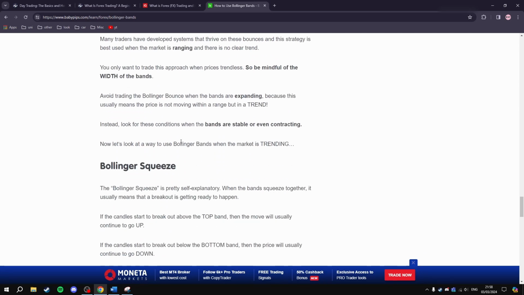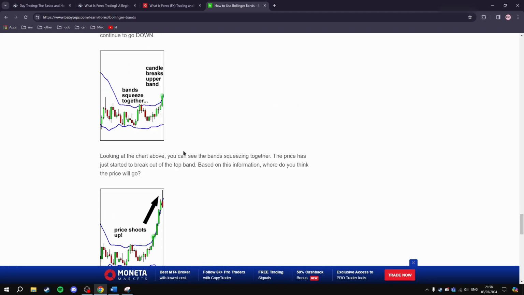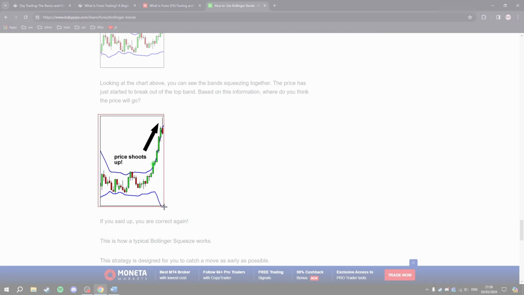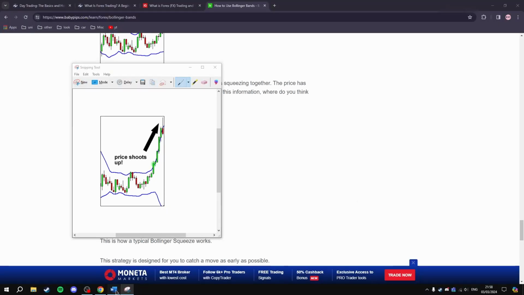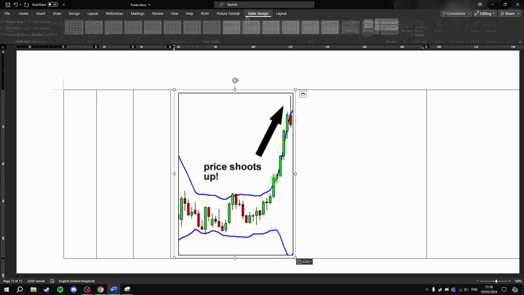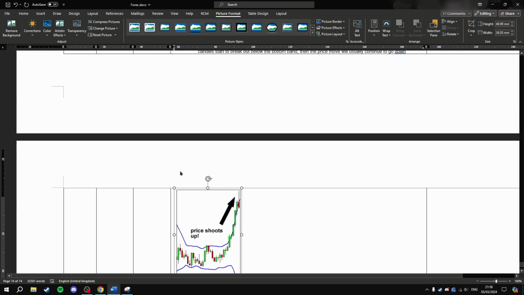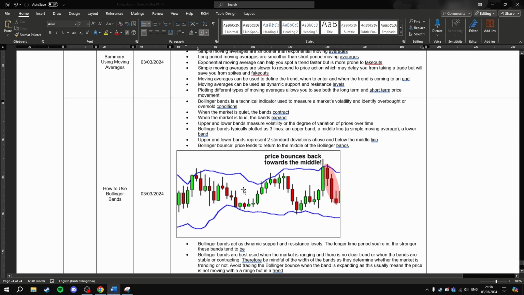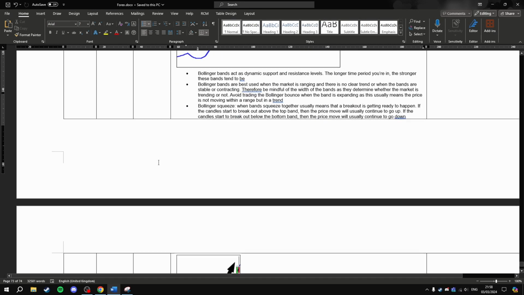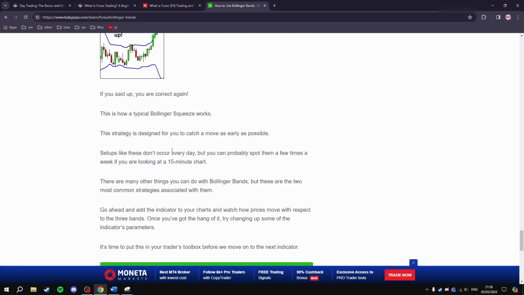Dynamic, yep. Be mindful of the width. The Bollinger squeeze. Okay, I think that looks pretty good. I don't think we've missed anything.